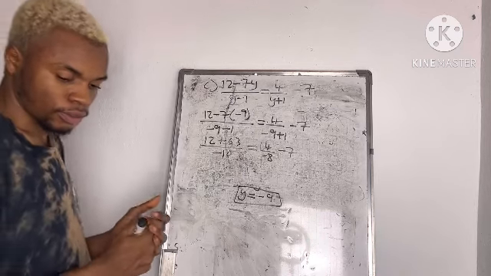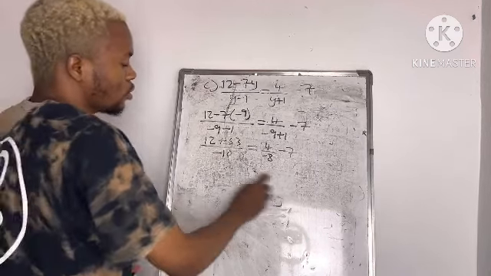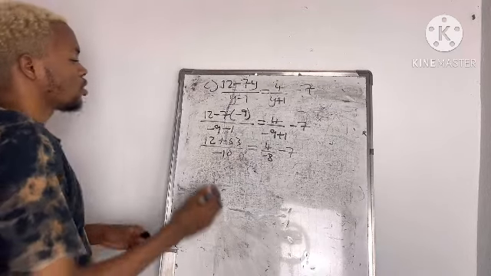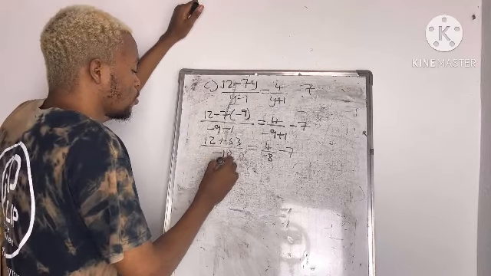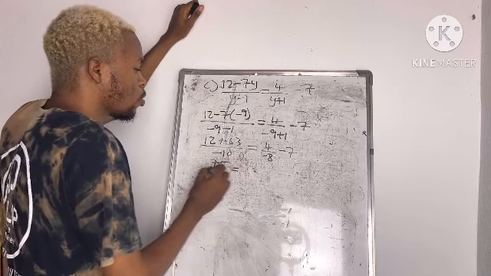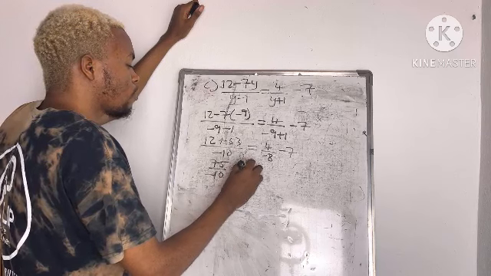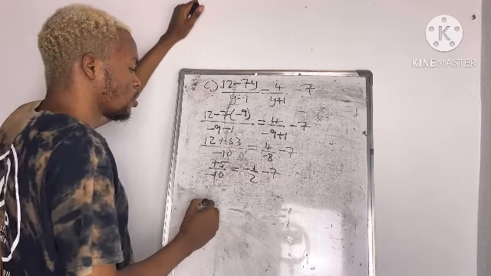Okay? Now, 63 plus 12, you're gonna have 75. All this divided by minus 10, equal to 4 into this, you're gonna have minus a half minus 7.